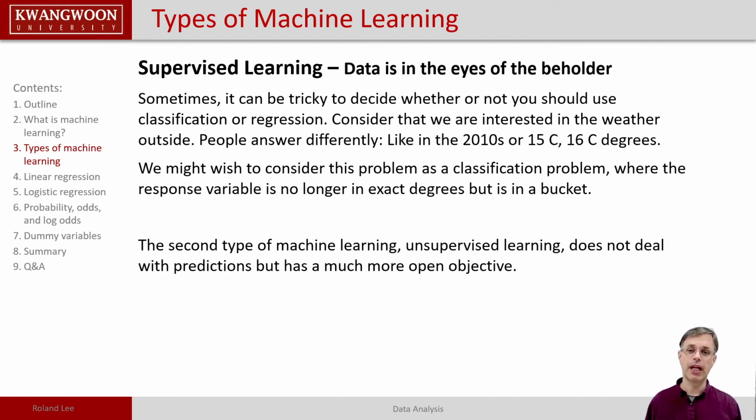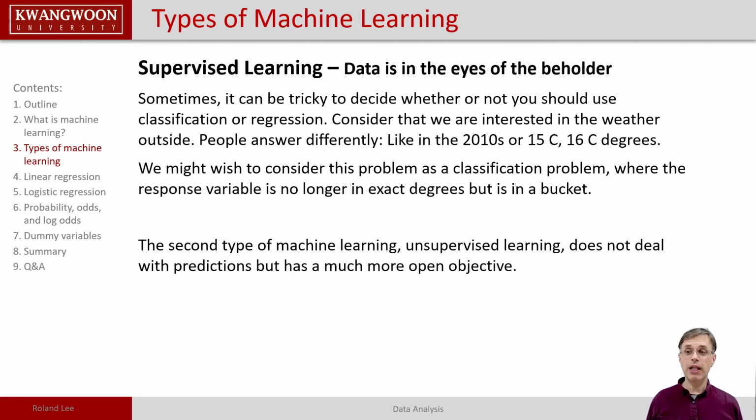However, as an exercise, you could go and ask 10 people what the temperature is outside, and you will see that some of them will not answer in exact degrees, but will just answer like it was a year ago, or like it was several years ago, right?